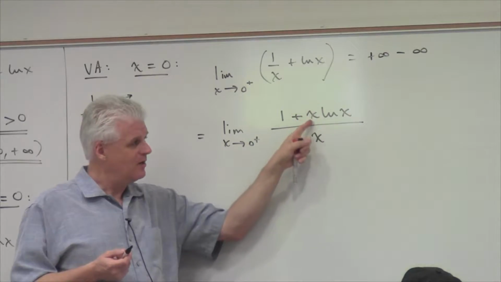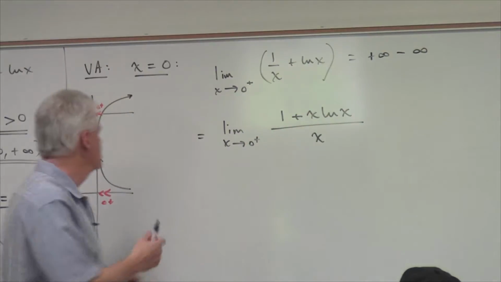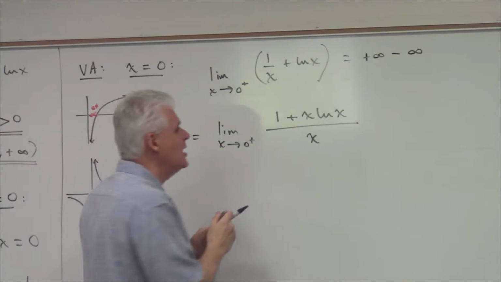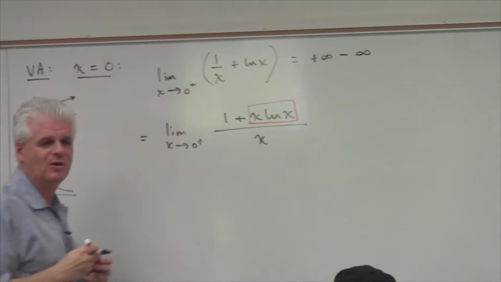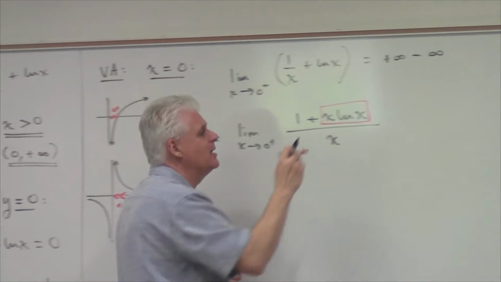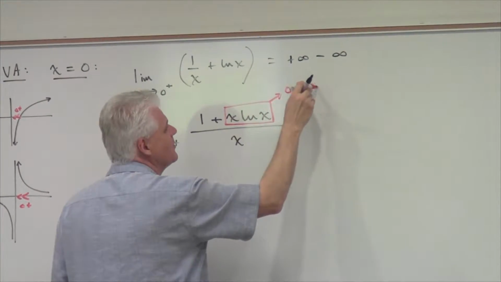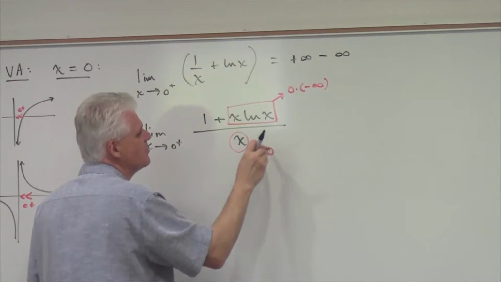Because this guy in front's going to head for 0, but the log is going to head towards negative infinity. So right there, you've got an embedded other problem. You don't even know where that's going. That is heading on its own towards 0 times negative infinity. And this guy is heading towards 0.